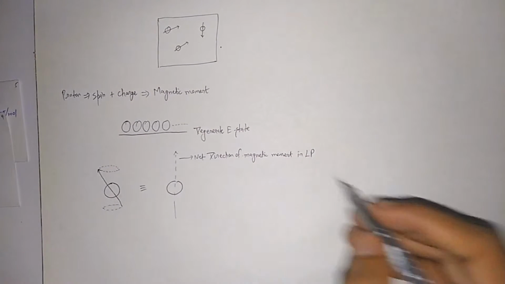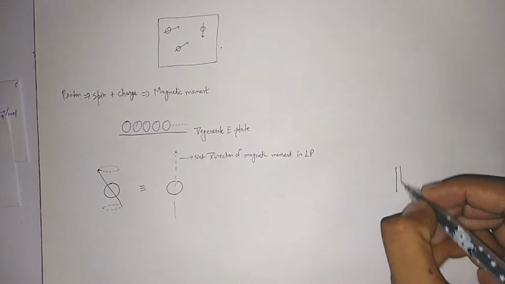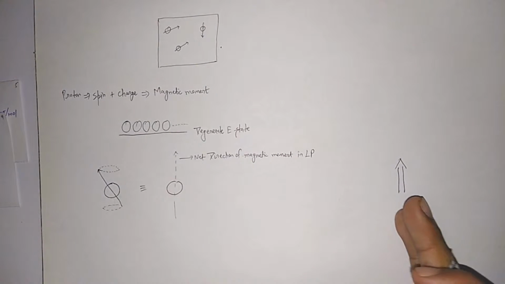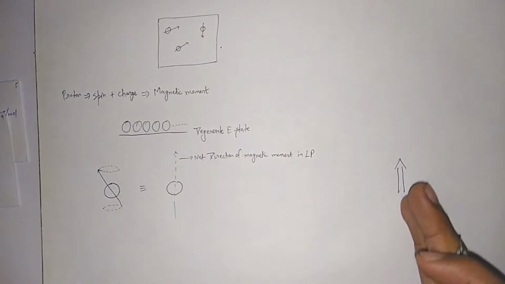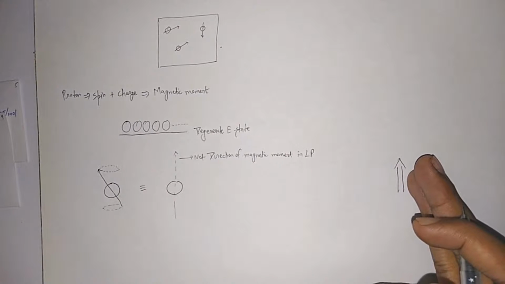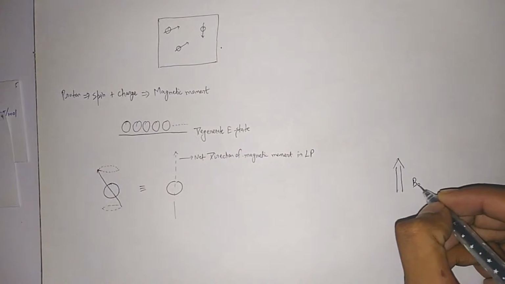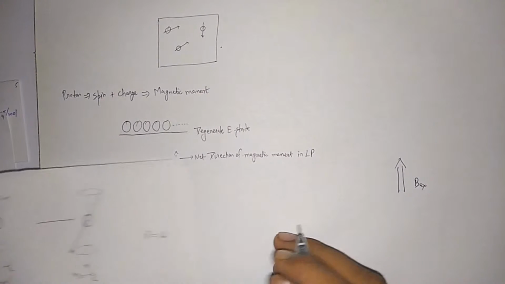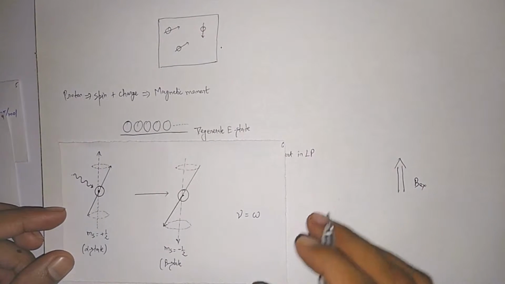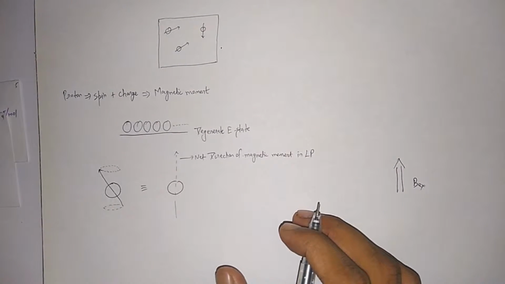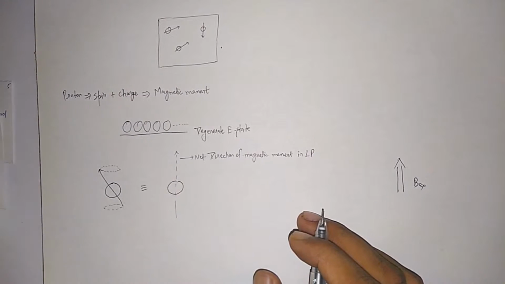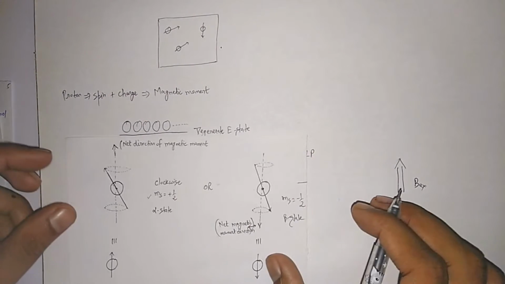And in the presence of the external magnetic field, say this is the magnetic line of forces for the external magnet, then there will be two possibilities.